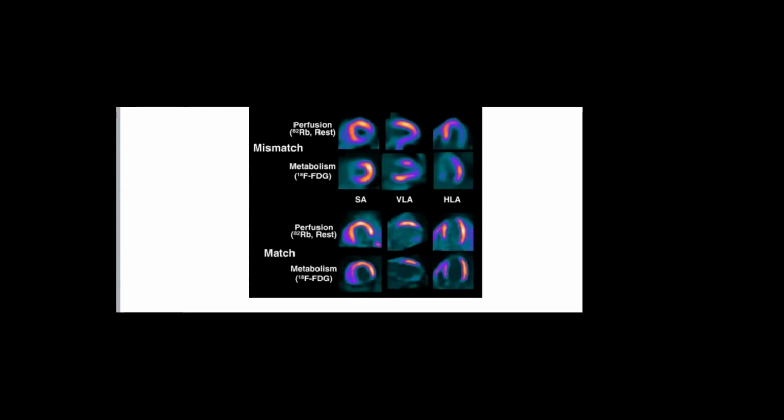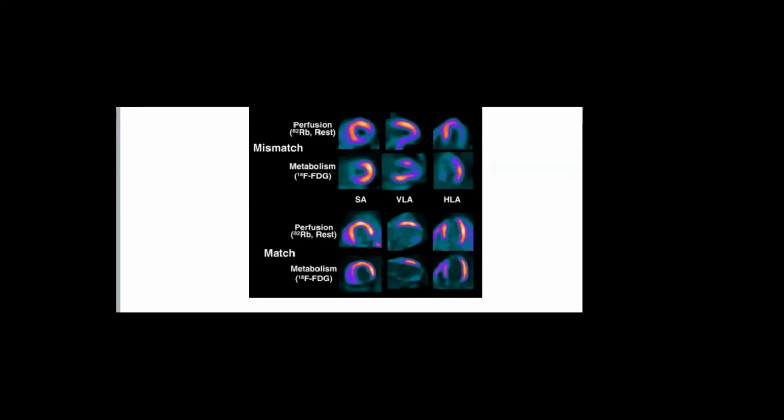Because the normal perfused myocardium is not using glucose for metabolism, it is using free fatty acid. It uses glucose only when it's ischemic. So when it is normally perfused and you give FDG, it will not be taken up by the normal perfused myocardium.